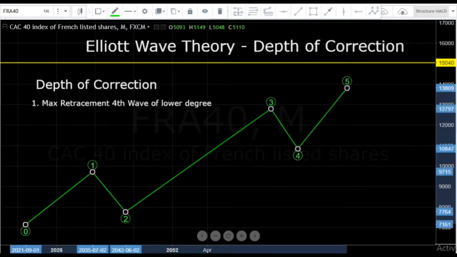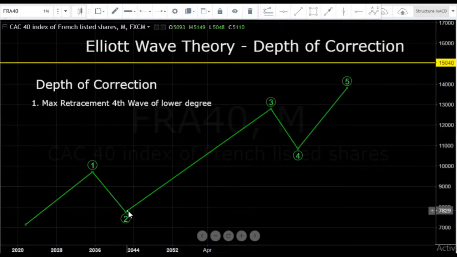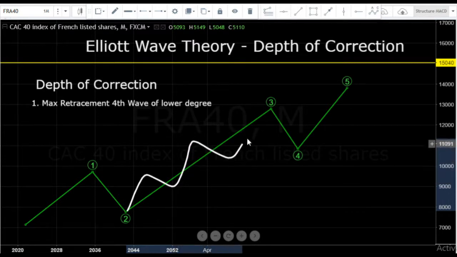Well, ordinarily, as you should know if you've watched the other videos, this is our 3 wave, but it will be made up of 1, 2, 3, 4, 5 waves in itself, 5 subwaves.